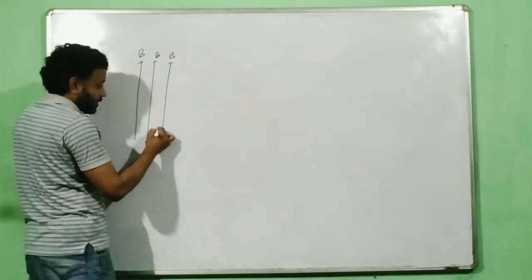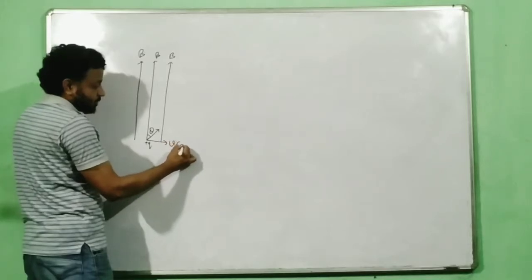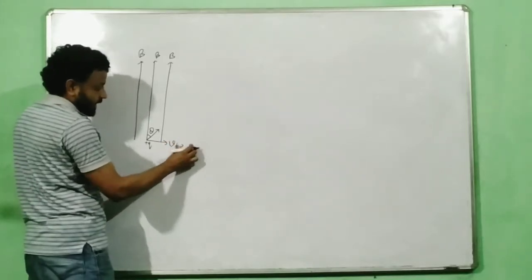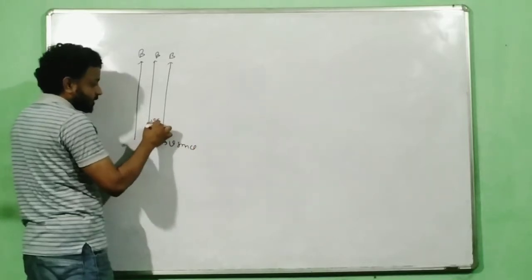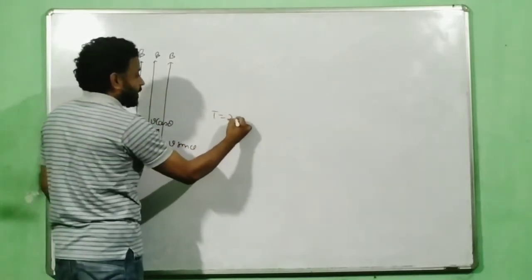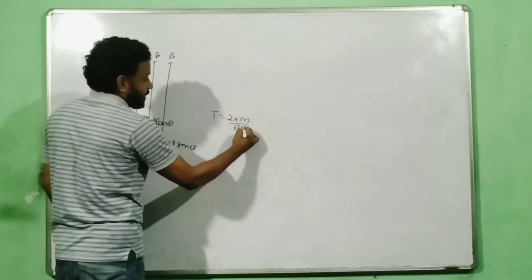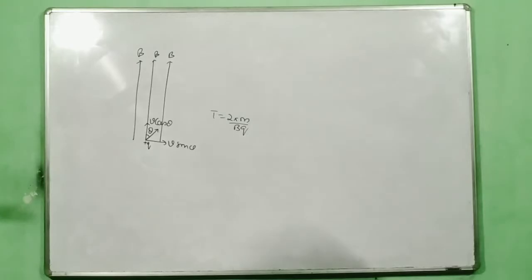Okay, I'll talk about a general case. So this angle is theta. So this becomes your V sin theta, and this becomes your V cos theta. See, everything remains the same. So time period will still be 2 pi m divided by Bq. This will not change. Don't worry about that.